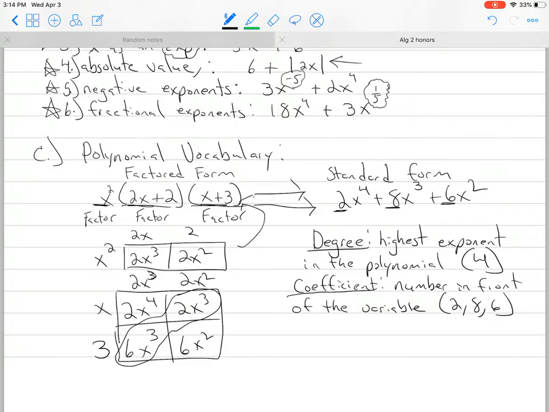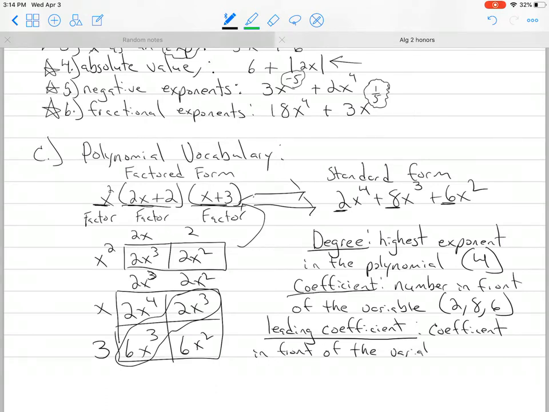What else we got? Leading coefficient. Your leading coefficient, that is the coefficient in front of the variable with the highest degree.